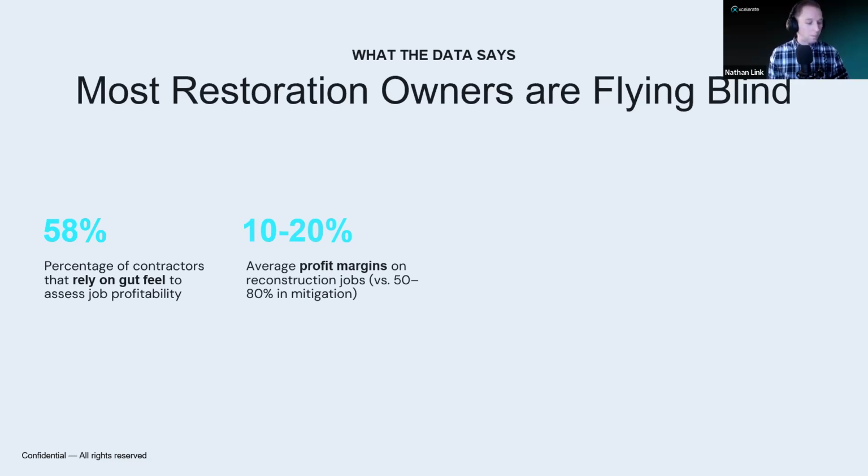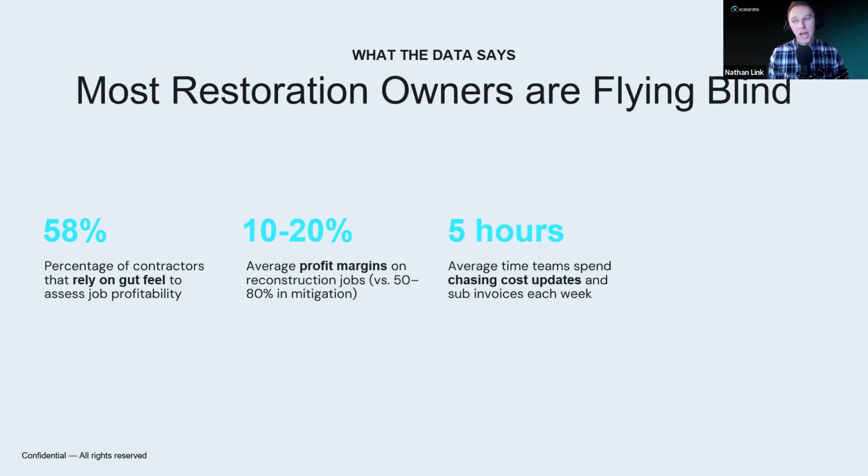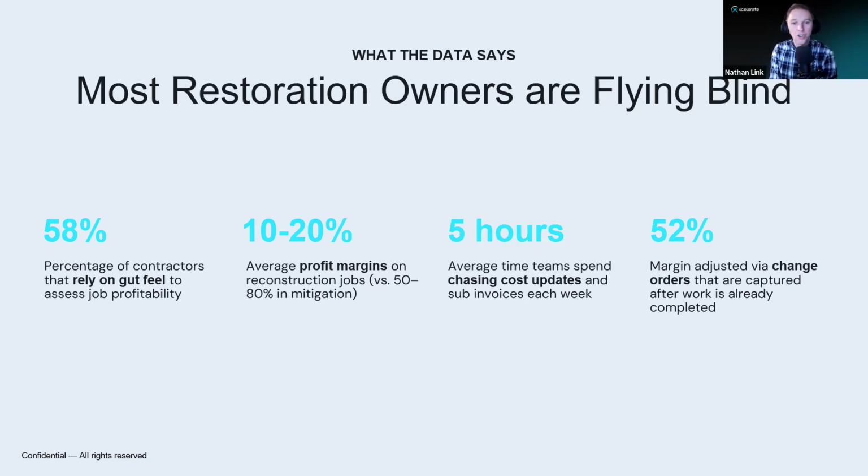That's just from the overall data that we've got. The average time everybody spends chasing information and costs is 5 hours a week. And with change orders that come in, the margins get adjusted after a job's completed: 52% of the margin can shift based on something that is completed after the fact.